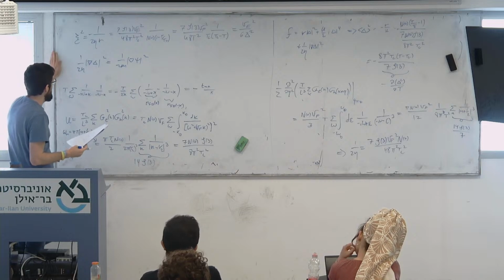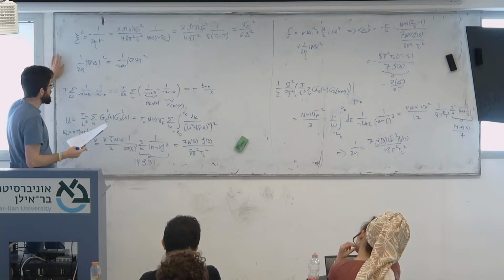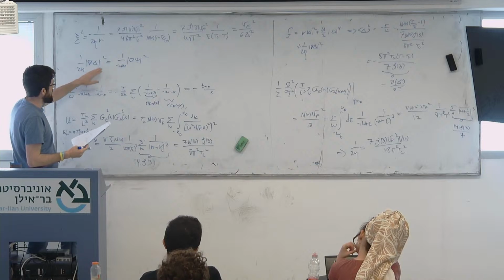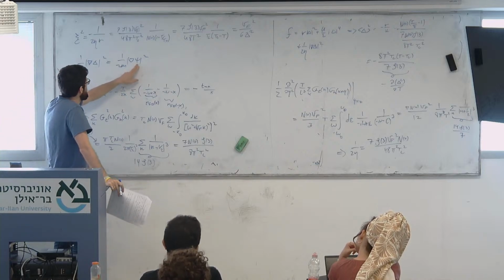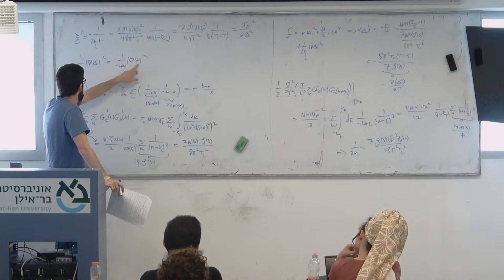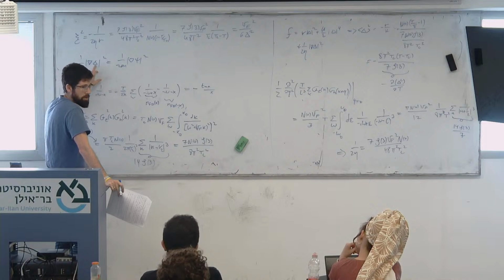So we can use this where psi now has units of, this is mass, this has units of density and this has units of energy.